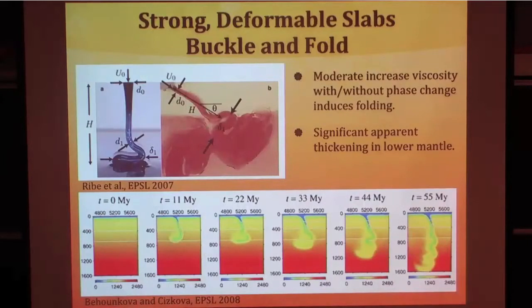Okay. All right. So deformable slabs, okay, these ones that are strongish but deformable, do interesting things, all right? First of all, they will buckle and fold, okay? And this is some examples of that, which some are kind of extreme. Don't think we have slabs piling up quite like this going into the mantle, but this illustrates with just analog materials.